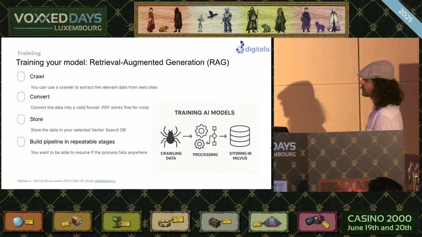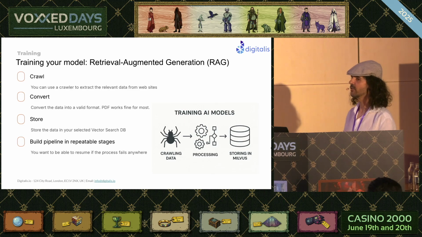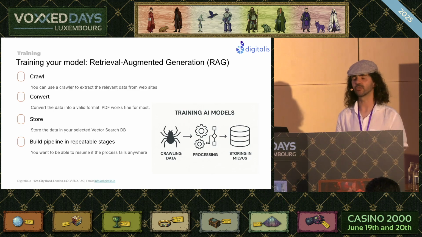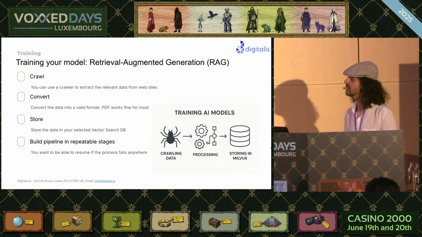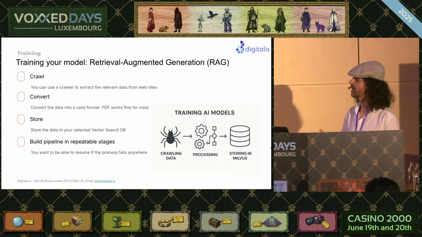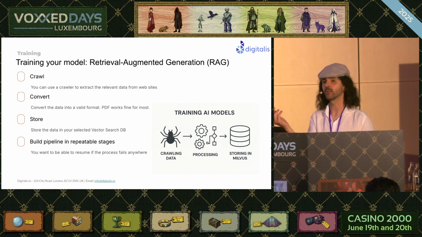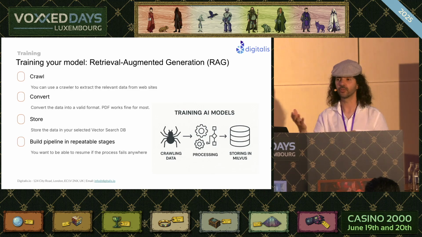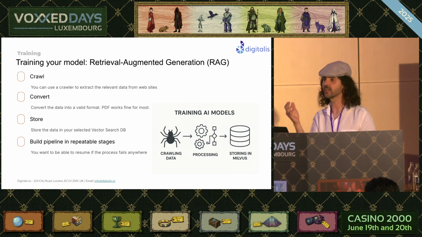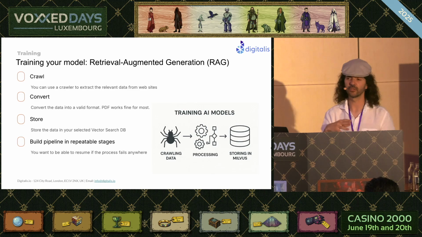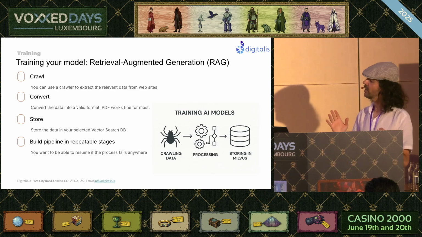Now, this process, you're likely to run it frequently, depending on your internal needs. A good example is a call center. All of them are implementing LLM models nowadays. So you ask a question to your call center, a support question, and you get an answer.